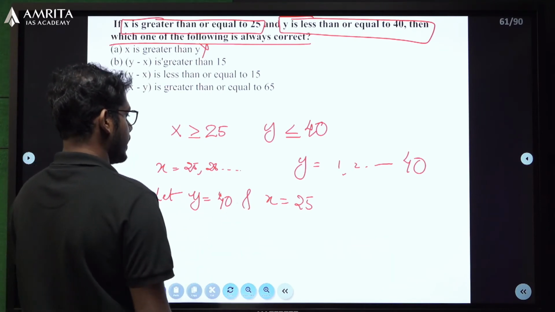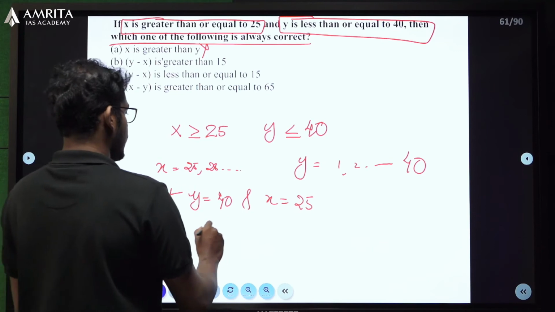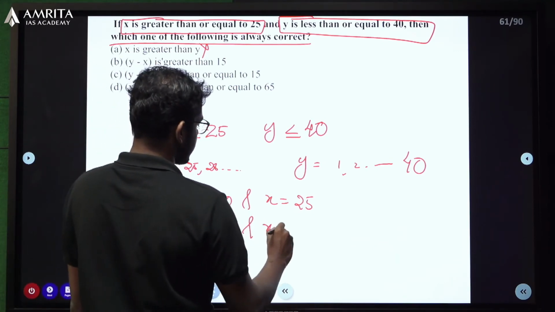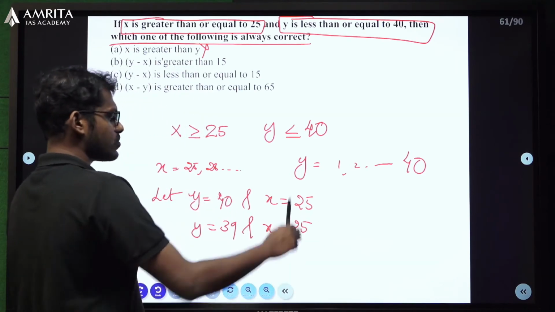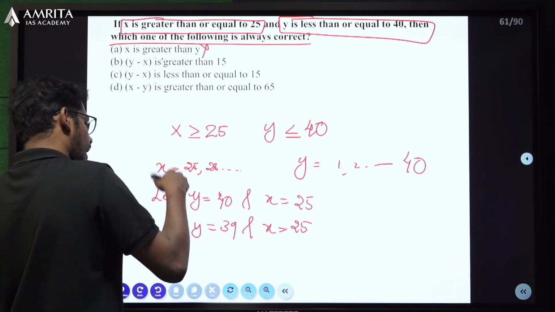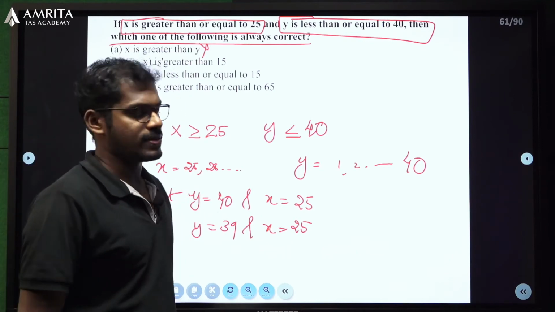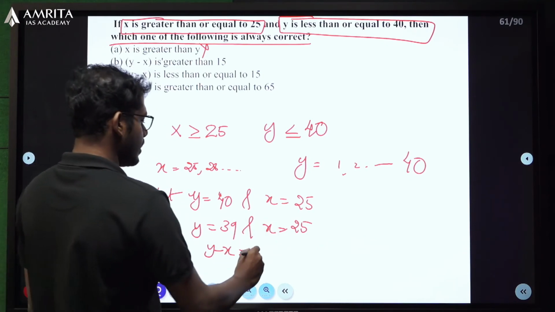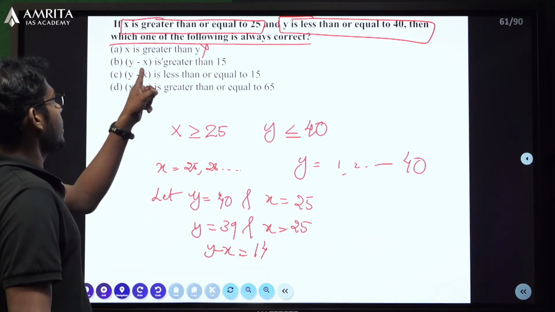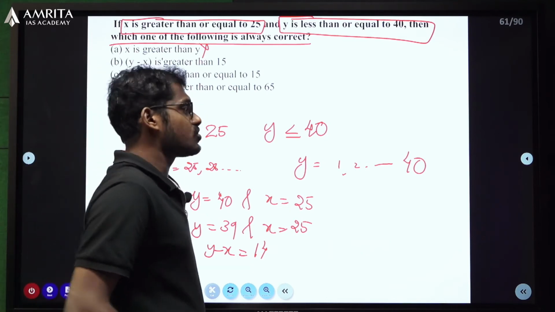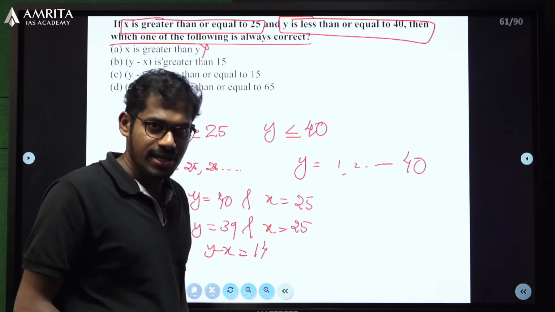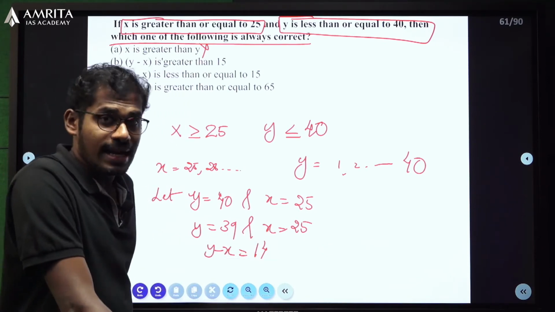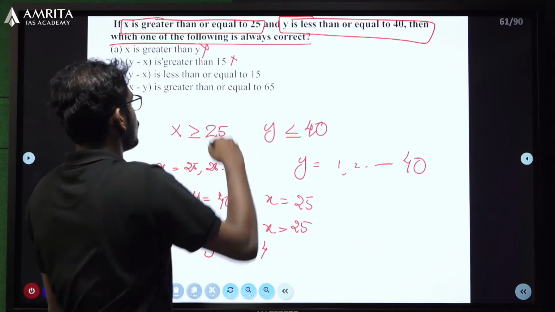Let the value of y be 39 and x be 25, because y can have values up to 40 and x can have values from 25 onwards. So what is the value of y minus x here? It is 40. But they say y minus x is greater than 50. It can be greater than 50, yes, agree. But it can also be less than 15. So this statement is also incorrect.